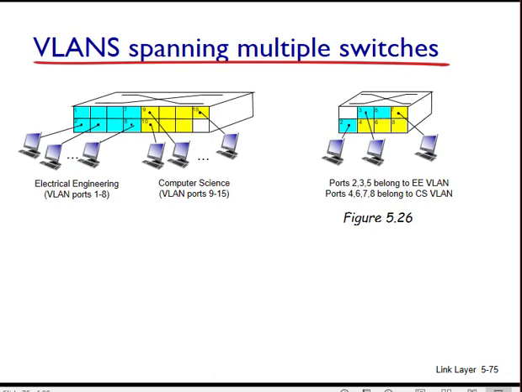Figure 5.26 shows a second 8-port switch, where the switch ports have been defined as belonging to the electrical engineering or the computer science VLAN as needed. But how would these two switches be interconnected?